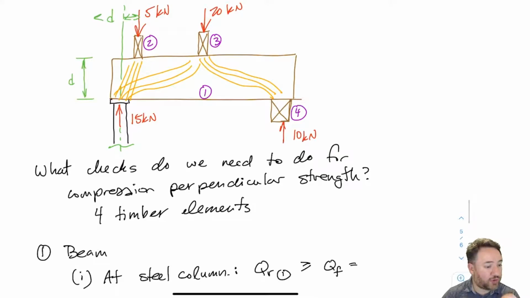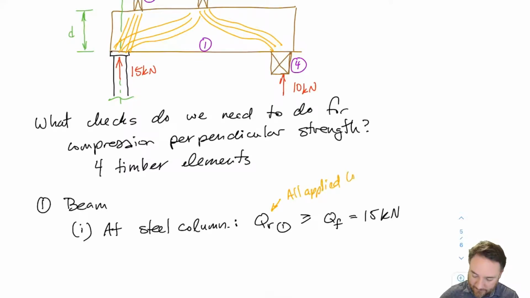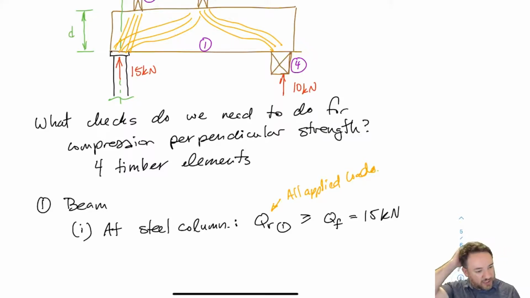With the full load of the steel column. So the steel column is applying a load of 15 kilonewtons to the bottom of the beam. So the QF that I'm checking here for my QR is 15 kilonewtons. And this QR is the all applied loads QR. Okay, so this is just the local one.